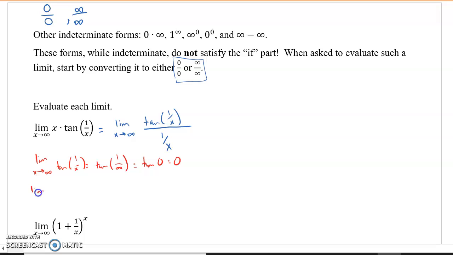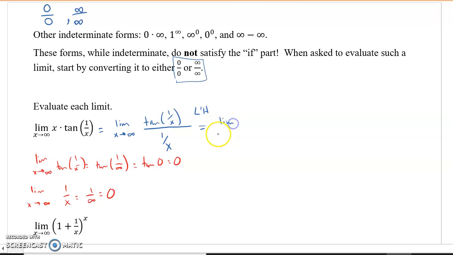And then the limit as x approaches infinity of 1 over x, which is our new denominator here, is 1 over infinity, which is equal to 0. So therefore, we've got 0 over 0, which is the indeterminate form that allows for L'Hopital.